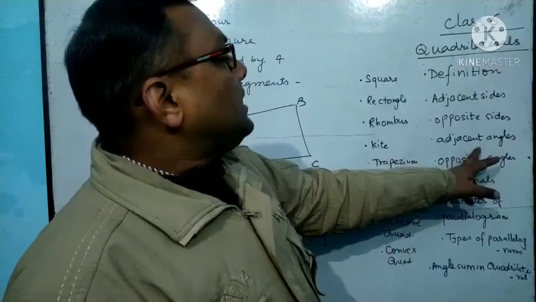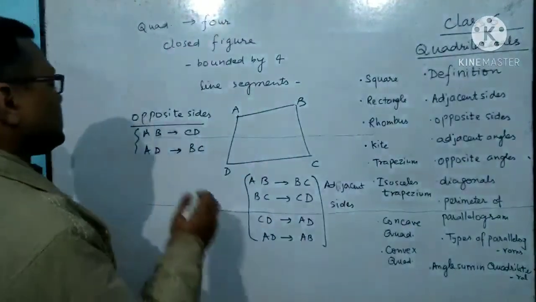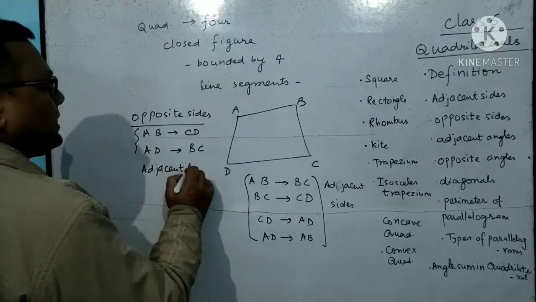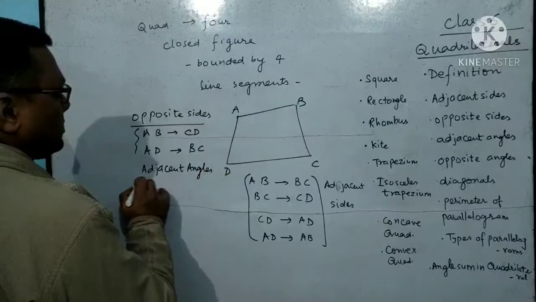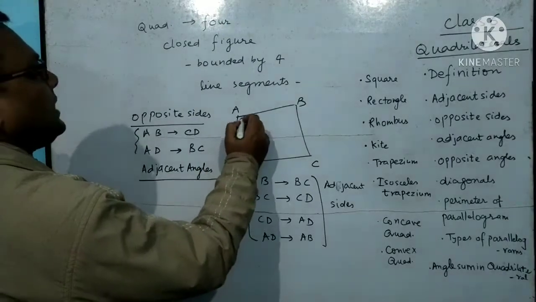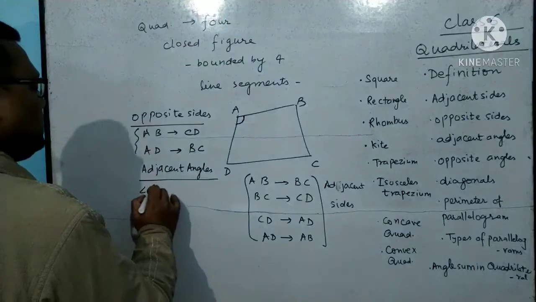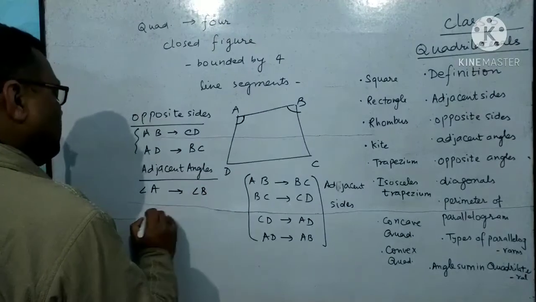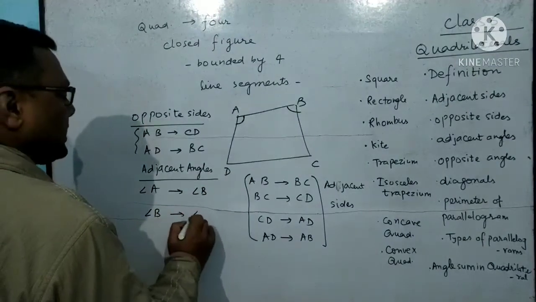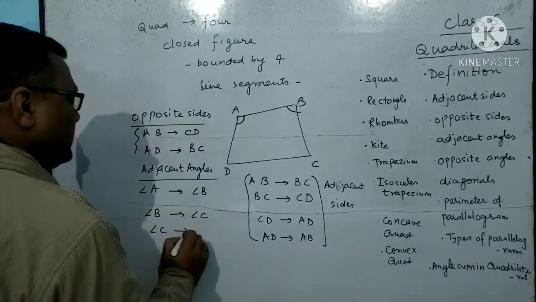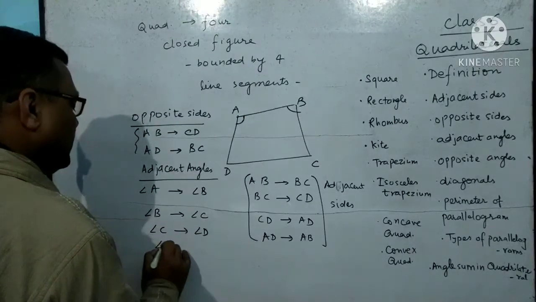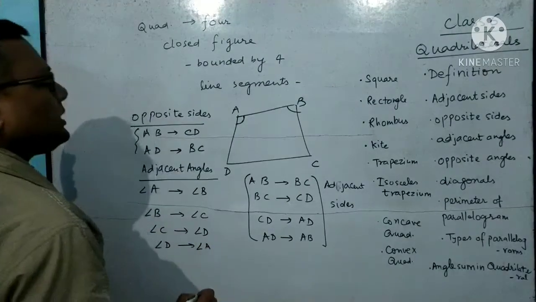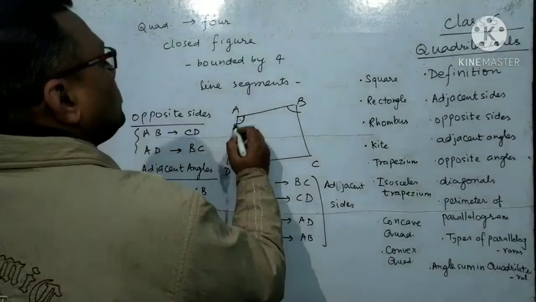Then I have written adjacent angles. What are adjacent angles? Note it down. Suppose I take angle A, then its adjacent is angle B. We take angle B, then adjacent is angle C. We take angle C, then adjacent is angle D. We take angle D, then its adjacent angle is A. You note that one angle has two adjacents.